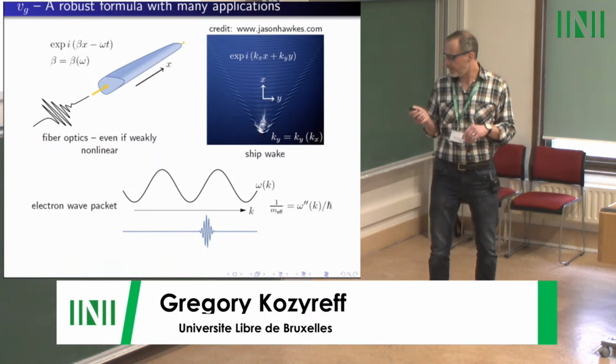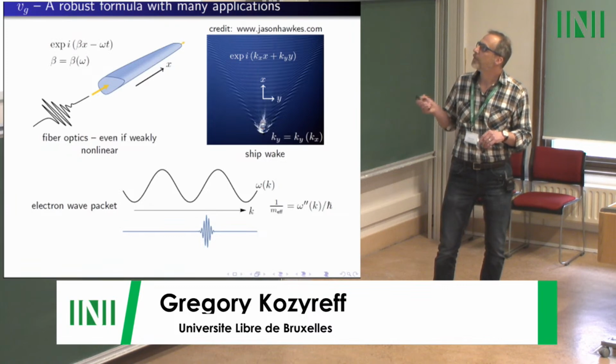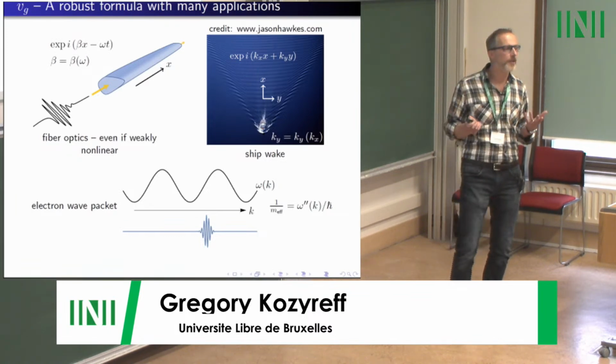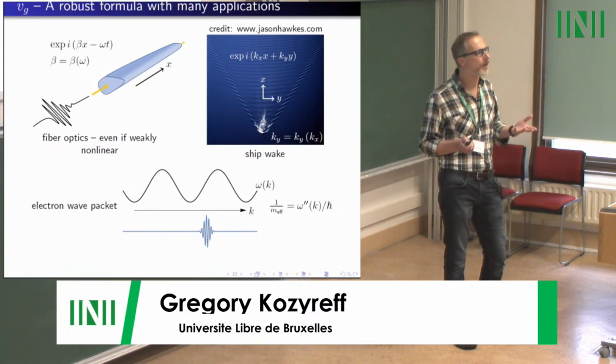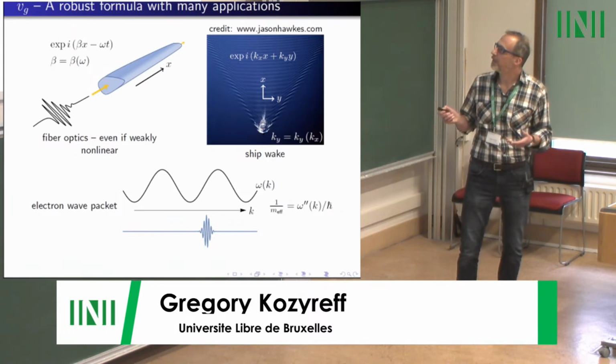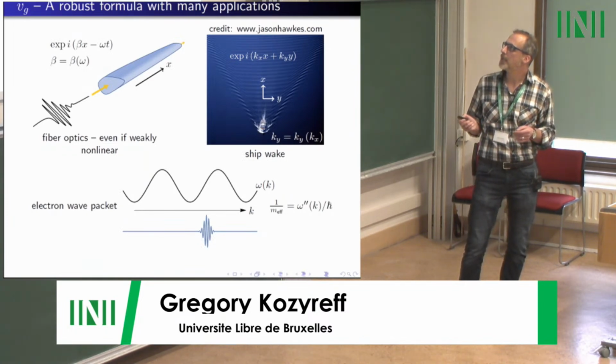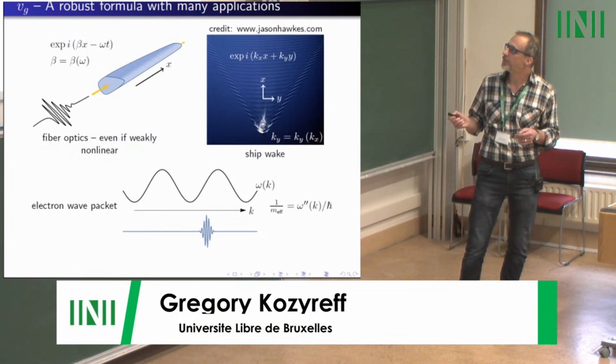I also like very much this example here of the wake of a boat, where here again you can use the concept of group velocity to derive the width of the cone here, which is 39 degrees more or less. And if you attach a frame to the boat like this, x plays something like the role of time.